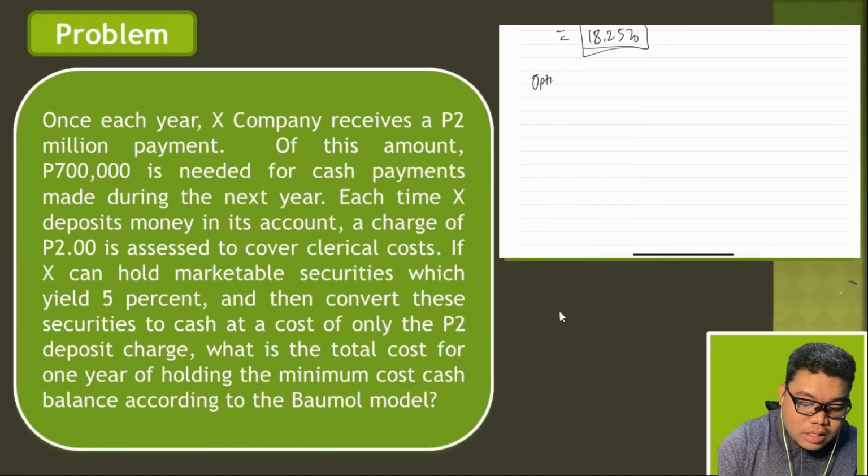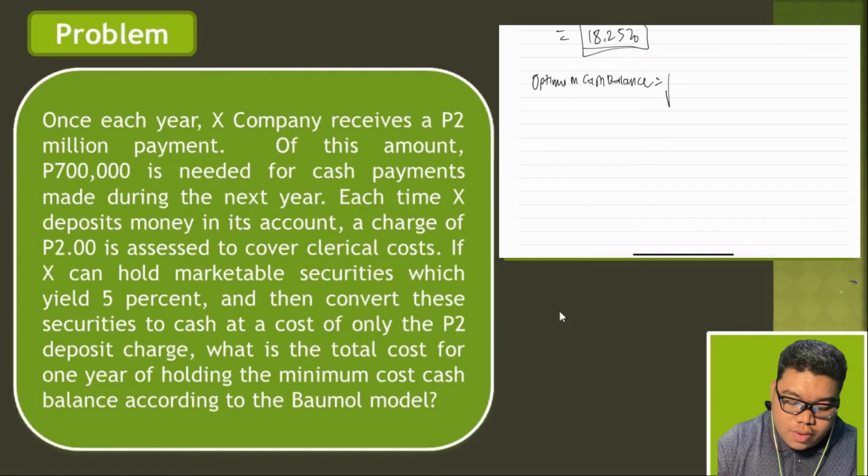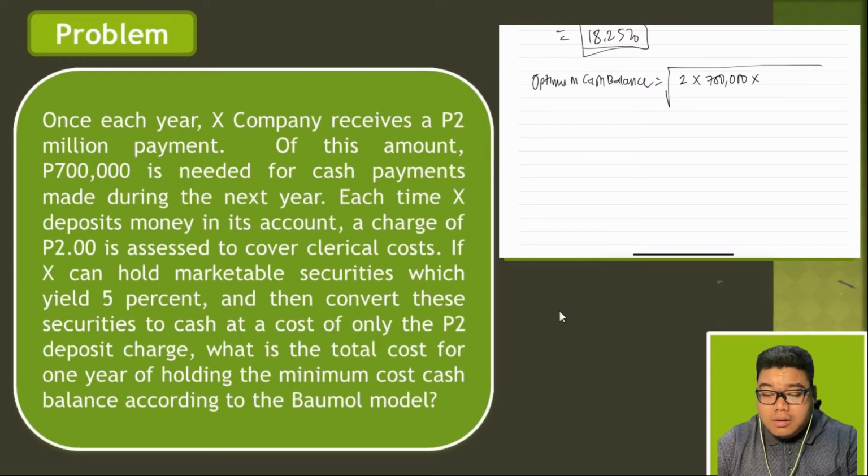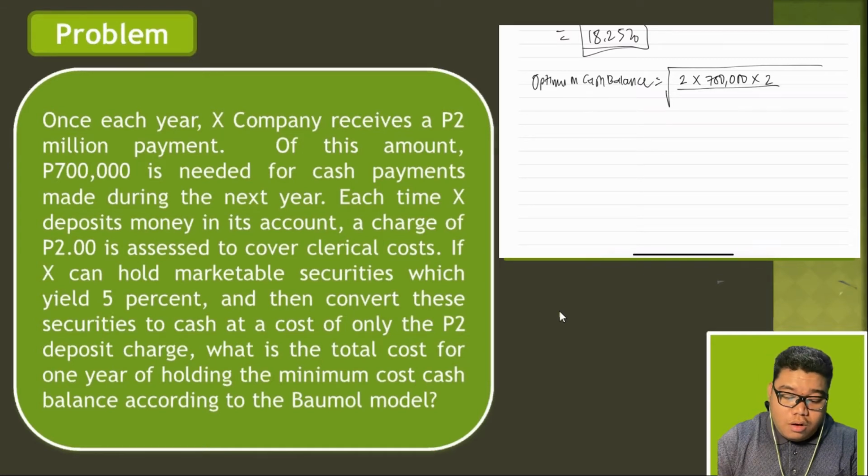So what is the optimum cash balance here? That is the square root of 2 multiplied by the annual demand of 700,000 multiplied by the cost per transaction of 2 all over the carrying cost, which is 5%.